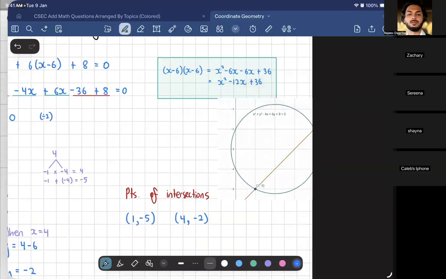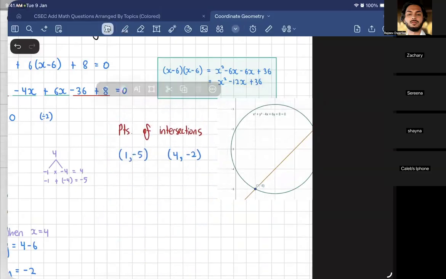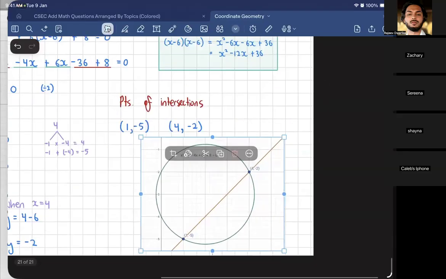And if you have trust issues, well, here you go. No more trust issues. You've seen it for yourself.